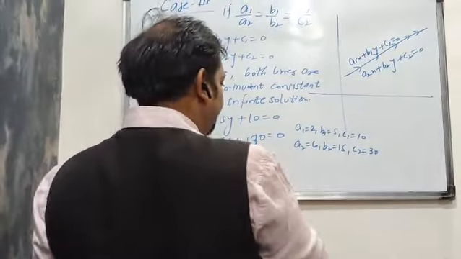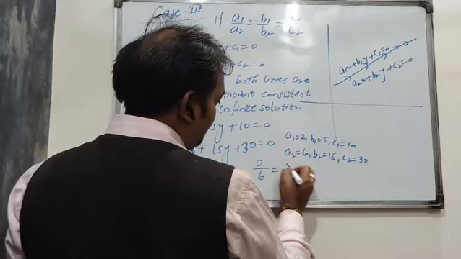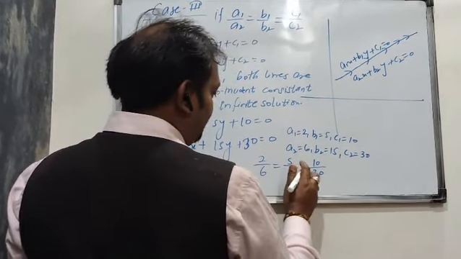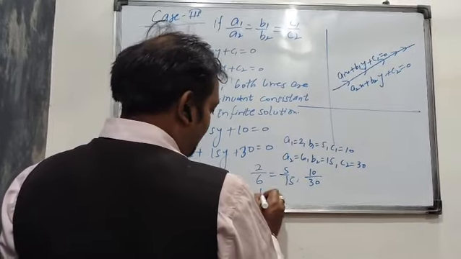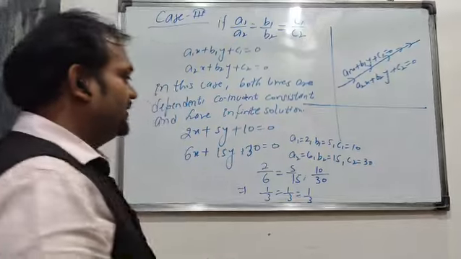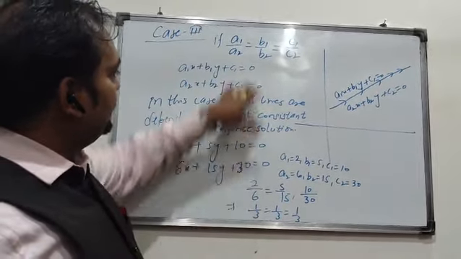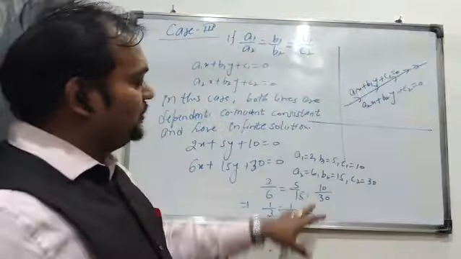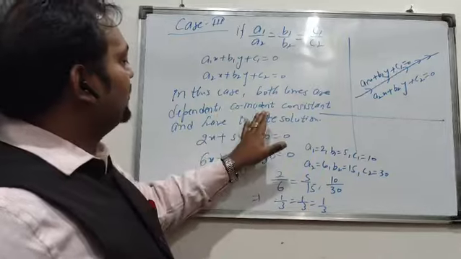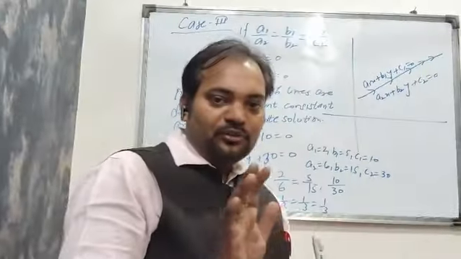Now see students, it will become 2 by 6, 5 by 15, 10 by 30. Check. 1 by 3, 1 by 3, 1 by 3. So here in this case you will write a1 upon a2 is equal to b1 upon b2 is equal to c1 upon c2. So lines are dependent, coincident, consistent, and have infinite solution.